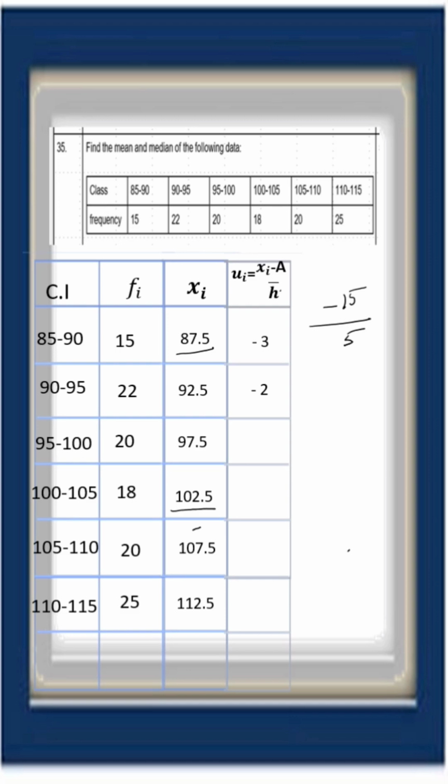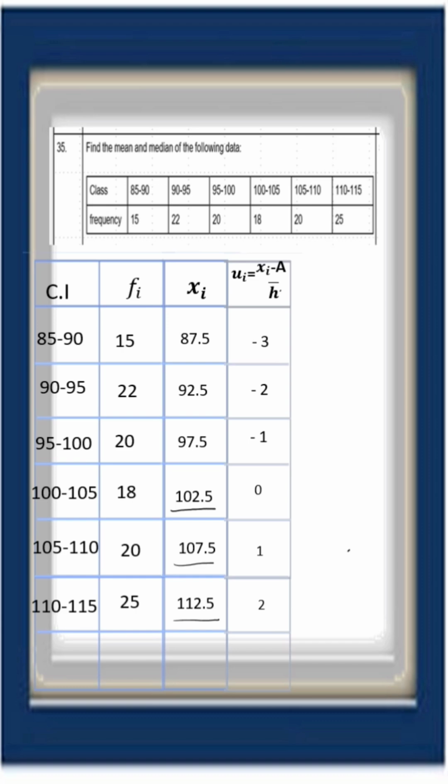Negative 5 by 5 is negative 1. 102.5 minus 102.5 is 0. 107.5 minus 102.5 is 5. 5 by 5 is 1. 112.5 minus 102.5 is 10. 10 by 5 is 2.